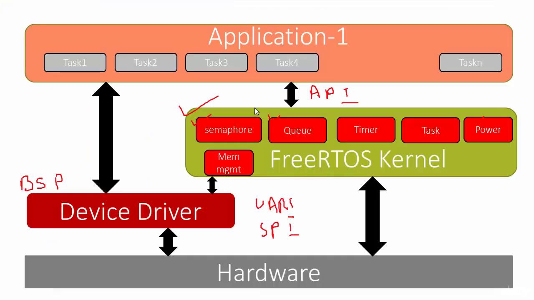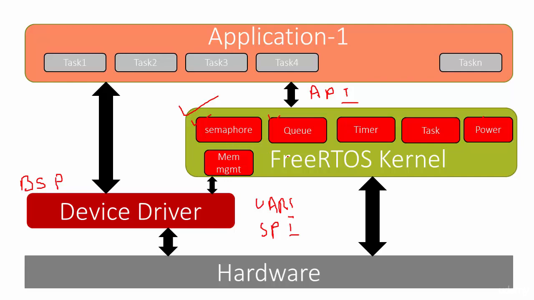So to conclude, your application consists of a number of tasks, each doing a unique functionality, and your tasks usually use the FreeRTOS exposed APIs to communicate with the FreeRTOS kernel.